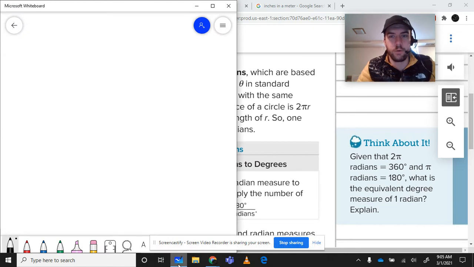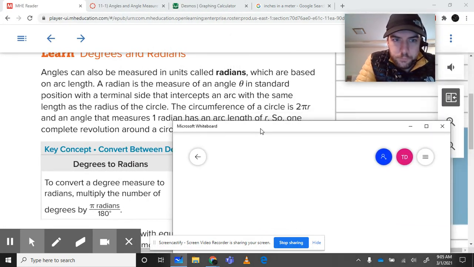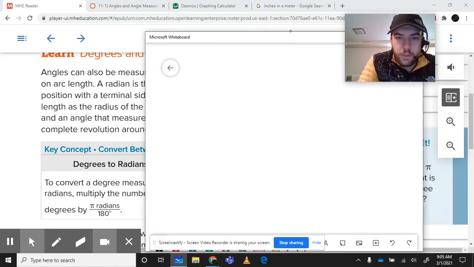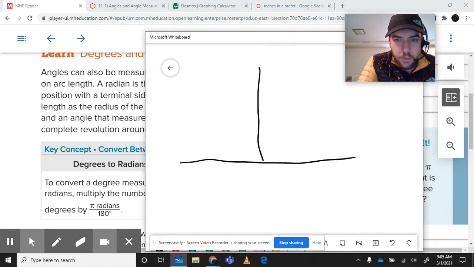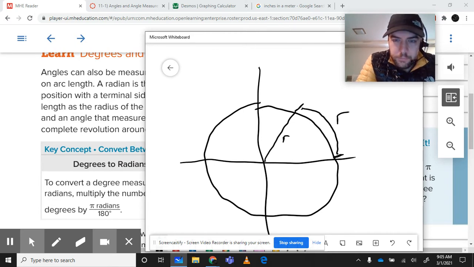Okay, well, let's draw that out real quick because that's a lot of words right there. So what they just said there is that what a radian will be is the angle where this length, this radius here, is the same length as this arc. Okay, so if we have 2 pi of these radians, right?